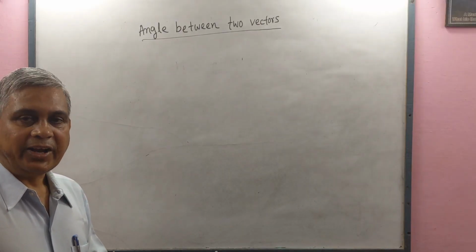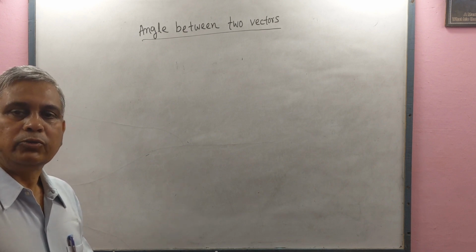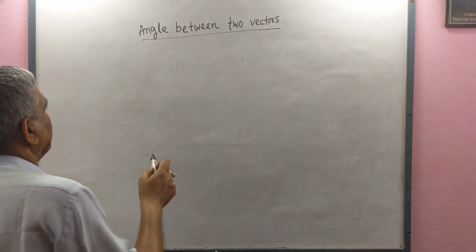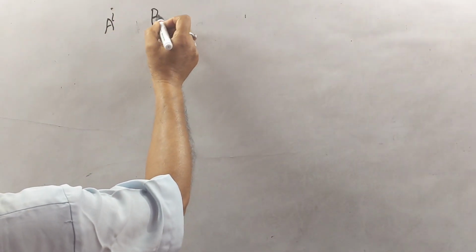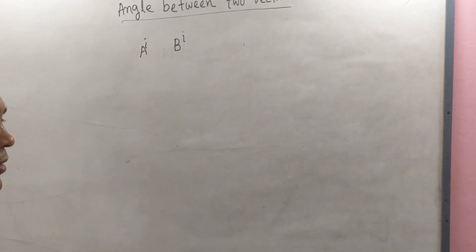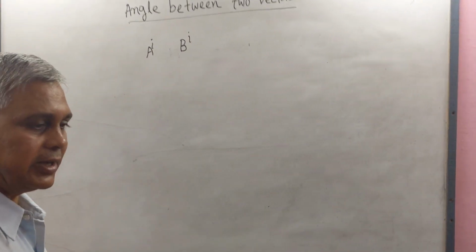We shall define the angle between two vectors. Let A^i and B^i be two vectors, and let the angle between the two vectors be theta.